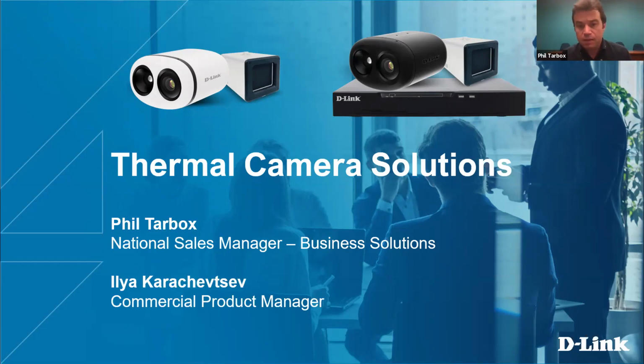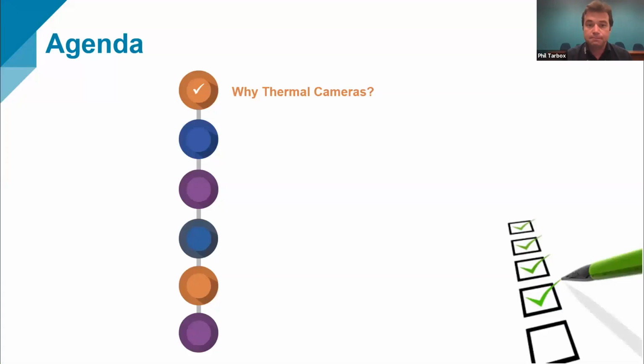Here today, we're here to talk about thermal cameras, which are a pretty new product for the D-Link family, and obviously pretty relevant in today's landscape, today's environment. So a quick look at the agenda for today.